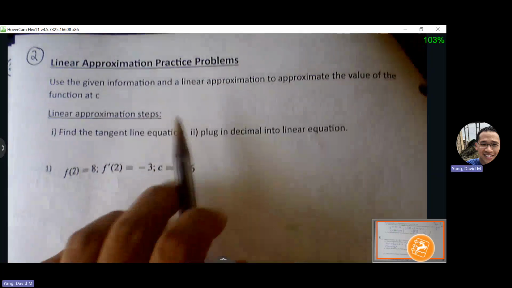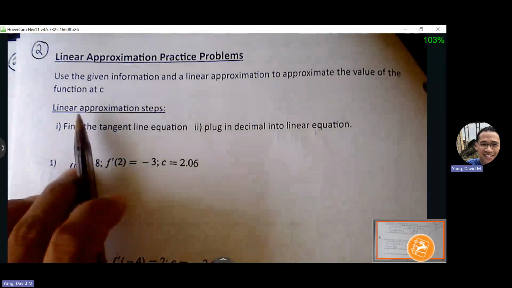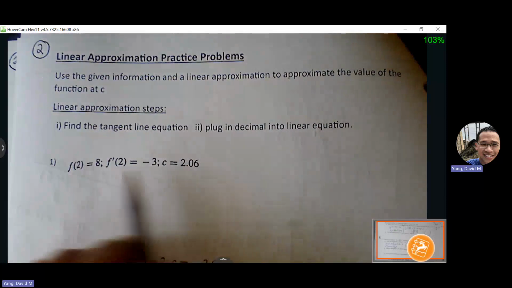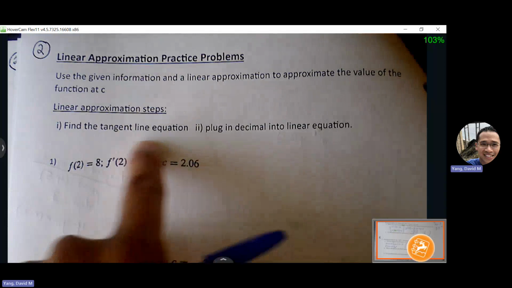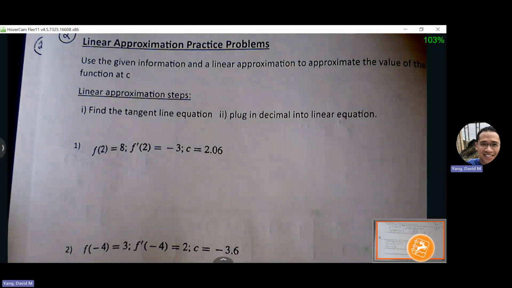All right, so use the given information in linear approximation to approximate the value of the function at C. So there's your point, there's your slope, and there's your decimal. So find the tangent line equation. You have your ordered pair, you have your slope.